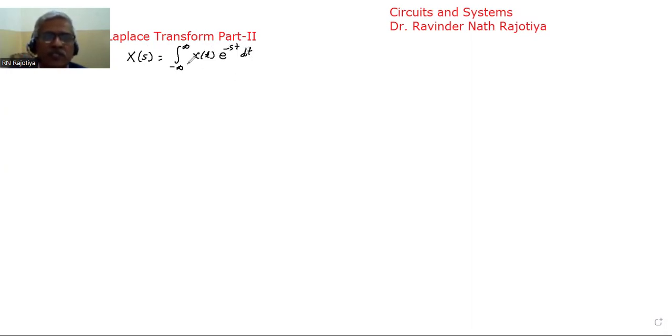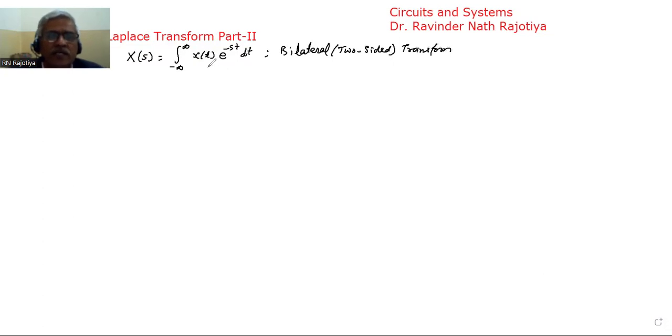So what do you see here? The limits are from minus infinity to plus infinity. We call such a transform a bilateral transform, or a two-sided transform.